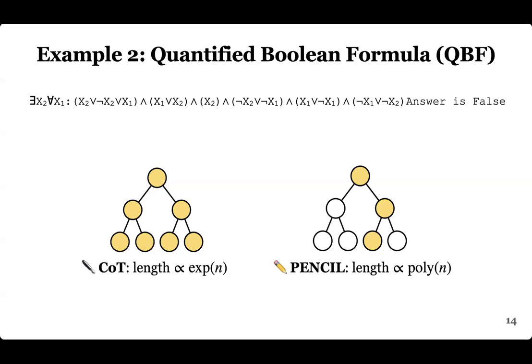In this case, n equals 2. For chain of thought, the maximal length is proportional to exponential n. But for Pencil, the maximal context length, as we can see in the previous demonstration, is just linear, which is the depth of this binary search tree.